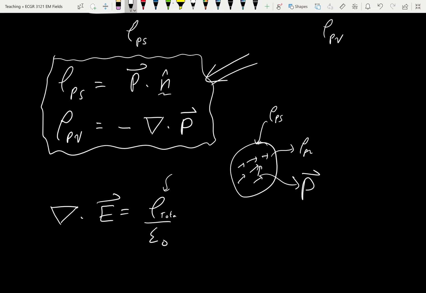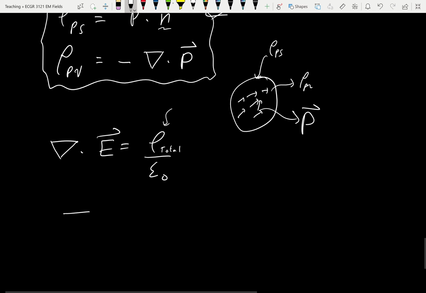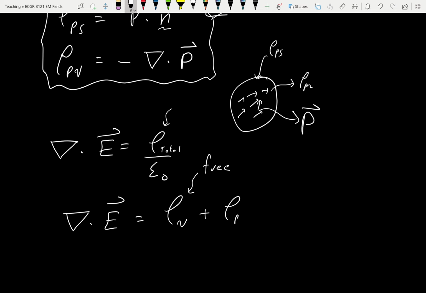So I can rewrite this as divergence of E equals rho volume, this is the free charges, plus rho PV, the charge densities that appear due to polarization. And this could exist in free space, or it could exist in the material, over epsilon naught, of course.